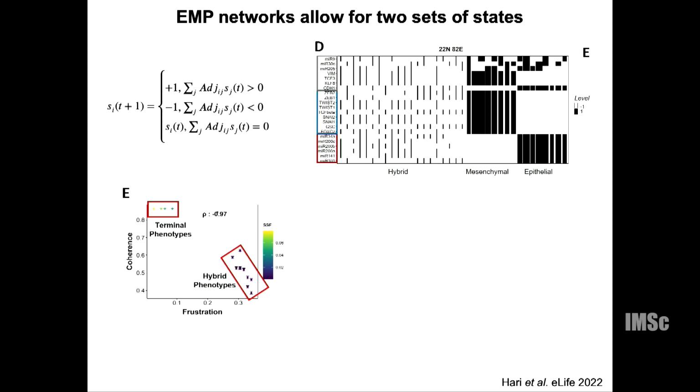So we then define these two metrics. One is called frustration, which is again directly taken from spin systems, which basically means how much a state disobeys a network structure.